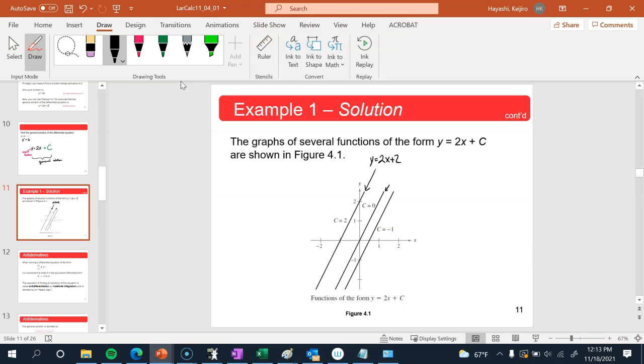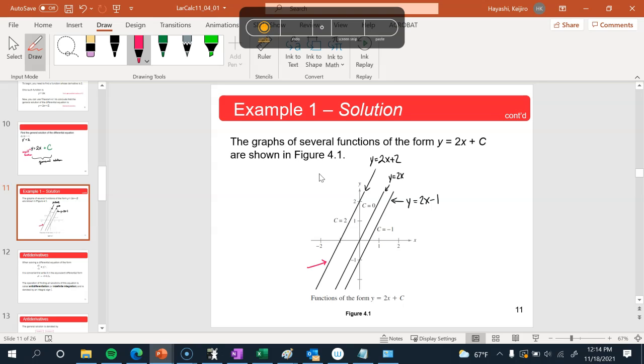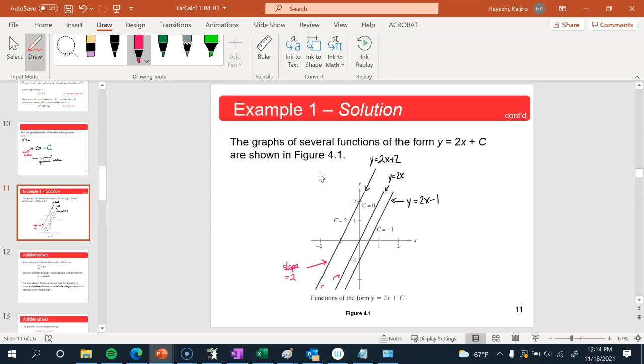Here we have y equals 2x. And here we have y equals 2x minus 1. But you might notice that the derivative of all of these is going to be 2. Because these are lines, so you can tell what the slope of these is. These all have a slope of 2.